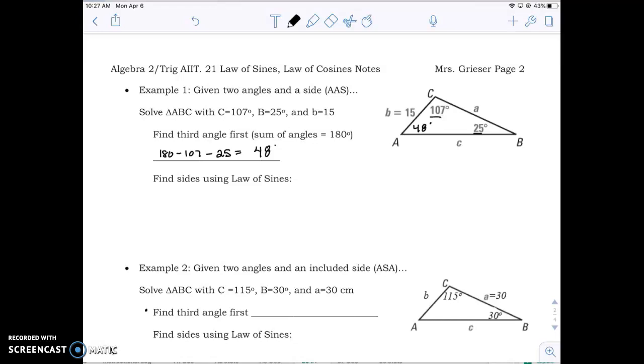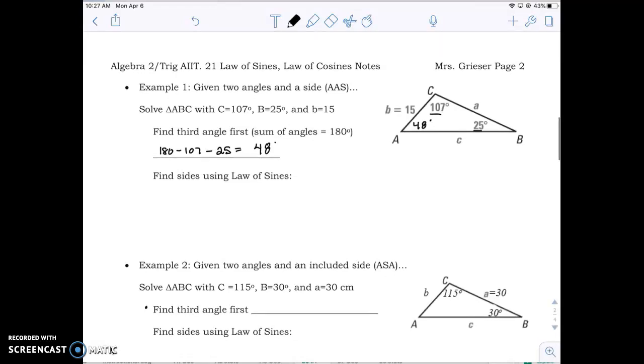We don't want to find all the sides. Let's just find side A. So I have side A, which I need, and I have angle A, rock on. What other side do I have? I have side B, and I have angle B. So what does that 107 do?